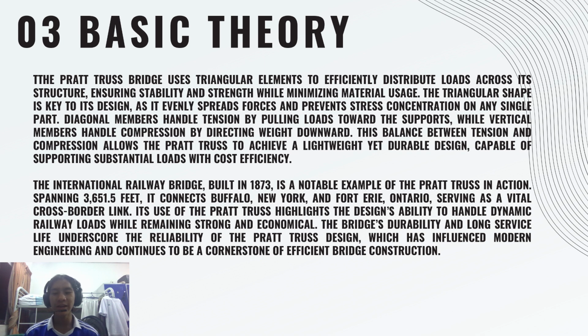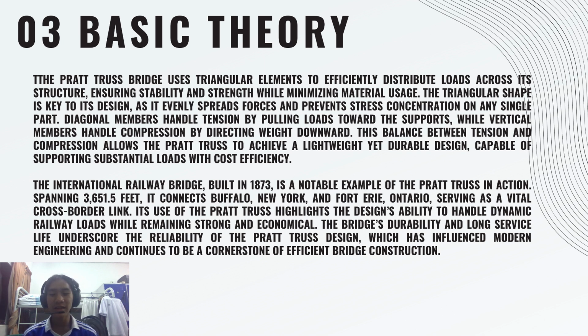The Pratt truss bridge uses triangular elements to efficiently distribute load across its structure, ensuring stability and strength while minimizing material usage. The triangular shape is key to its design, as it evenly spreads force and prevents stress concentration on any single part.